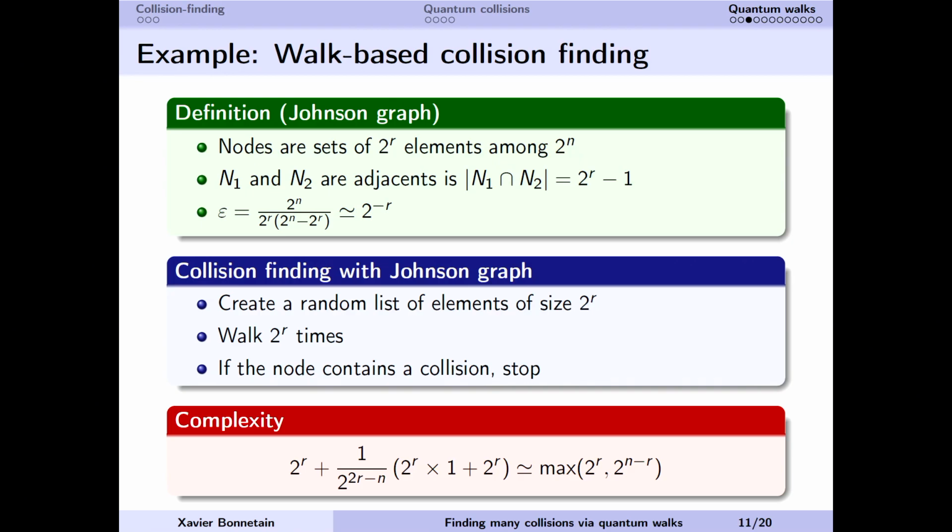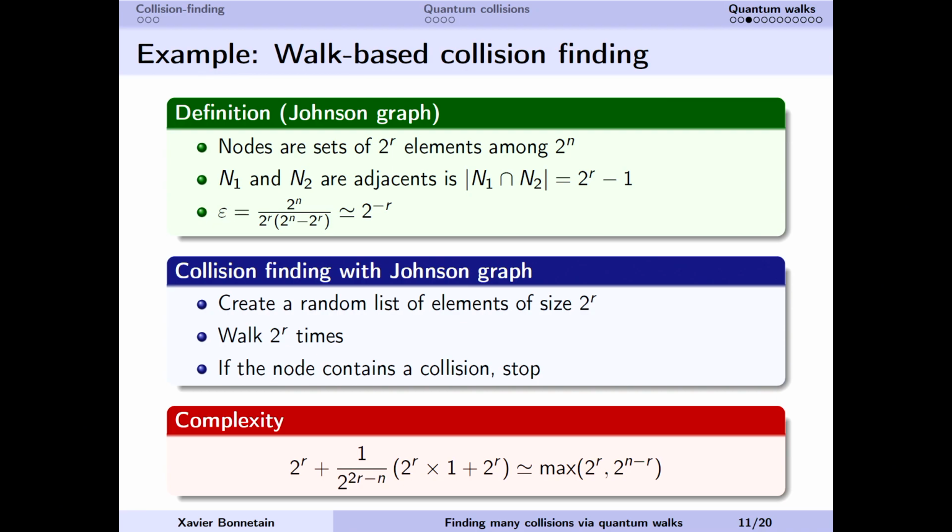And so we obtain this complexity here, that is max of 2^r and 2^(n-r), which actually matches the complexity of a very simple classical algorithm: take a list of size 2^r. If it contains a collision, you've won. Otherwise, drop the list and take another list. So this algorithm is not that interesting.